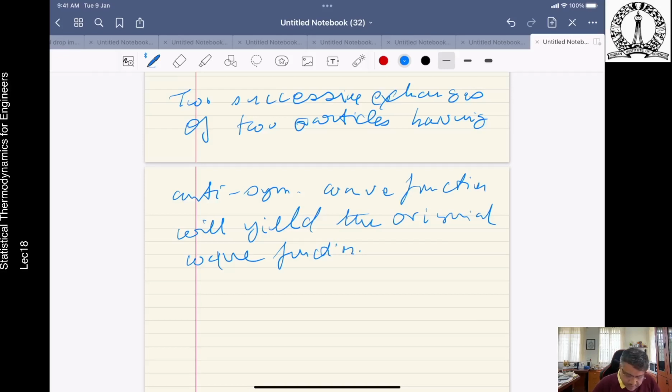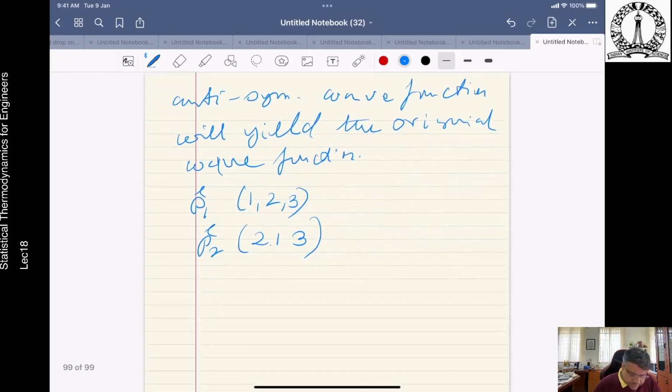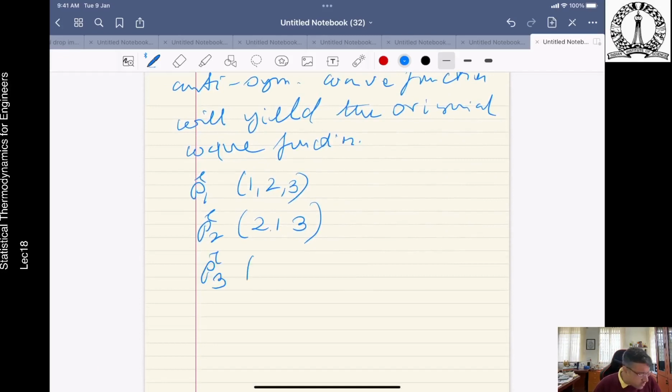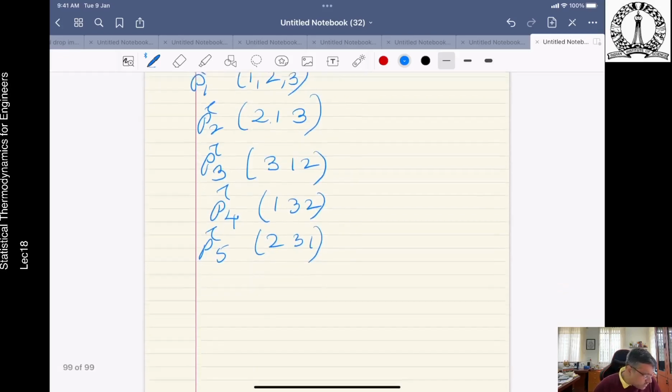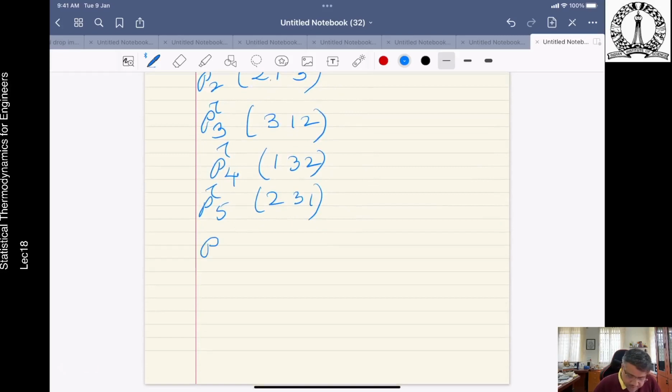So say P1 is any combination, 1, 2, 3. P2 is 2, 1, 3. Then of course there is P3, which is 3, 1, 2. And P4 is 1, 3, 2. P5 is 2, 3, 1. I'm just giving a random example over here.